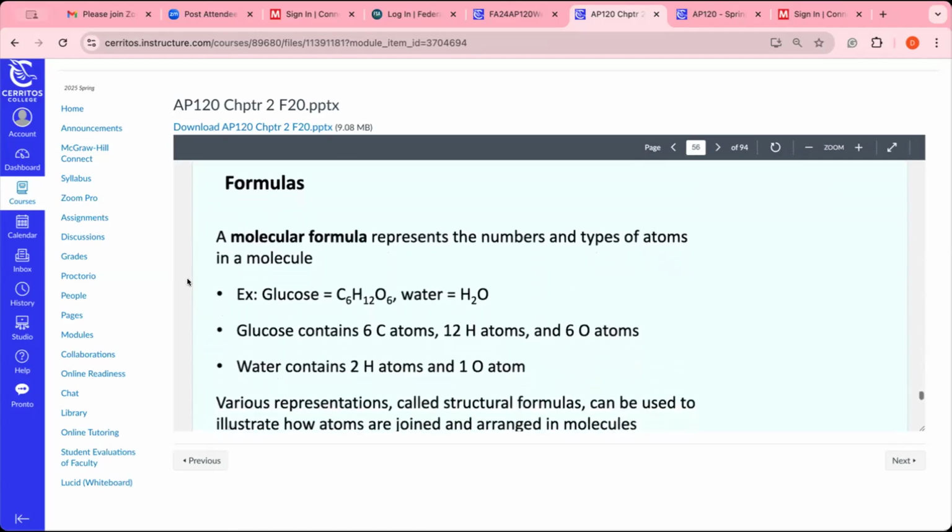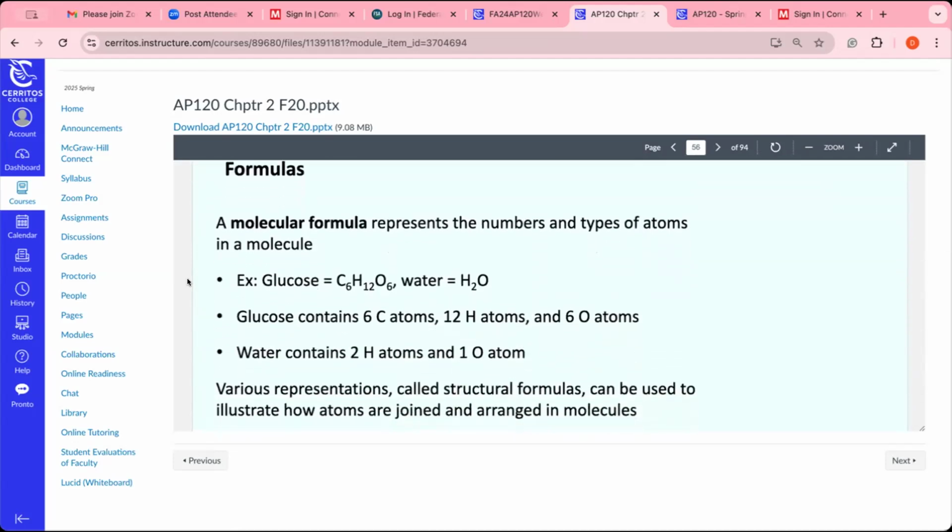Now we're going to get into writing formulas. A molecular formula represents the number and types of atoms. For example, glucose equals carbon 6.